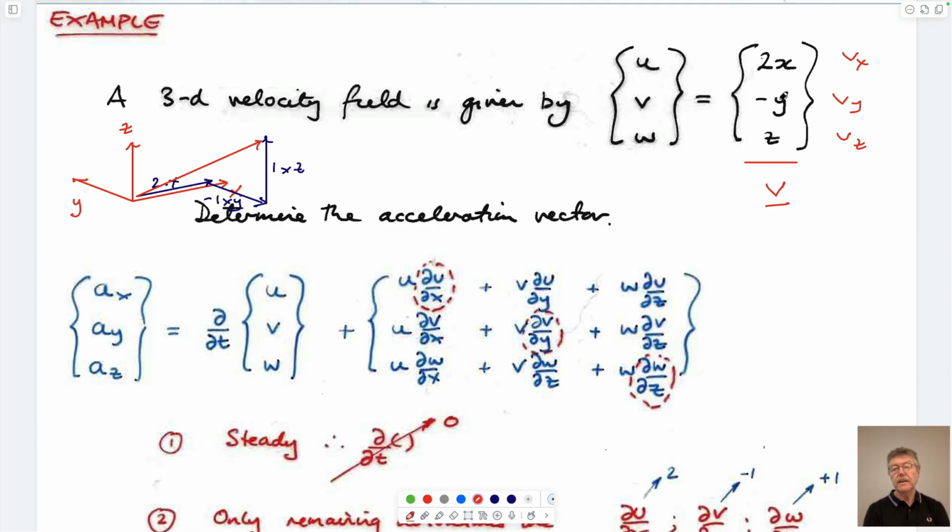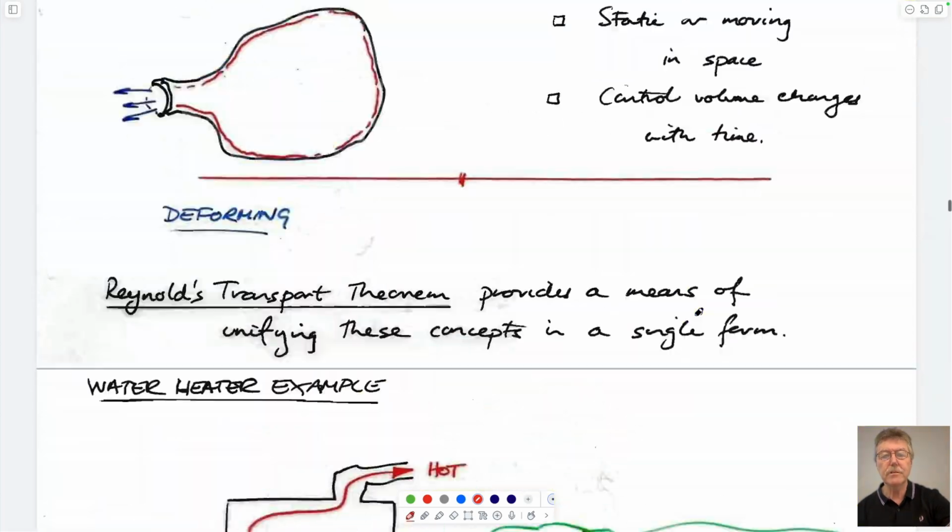And so if we knew what these velocities were, I don't know why we should, then we can calculate what the accelerations are in terms of these convective accelerations. This top equation here is the one that we just derived. Let me zip back to it quickly so I remind you of it.